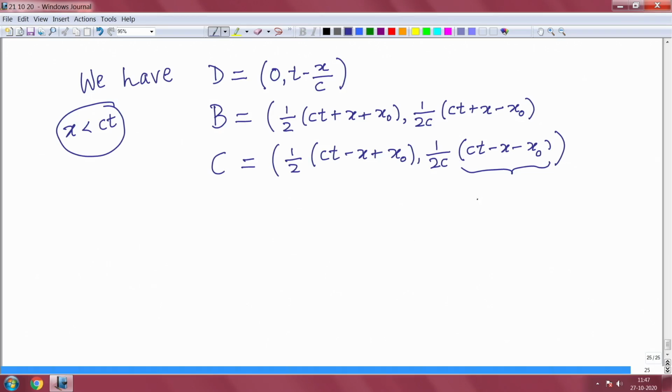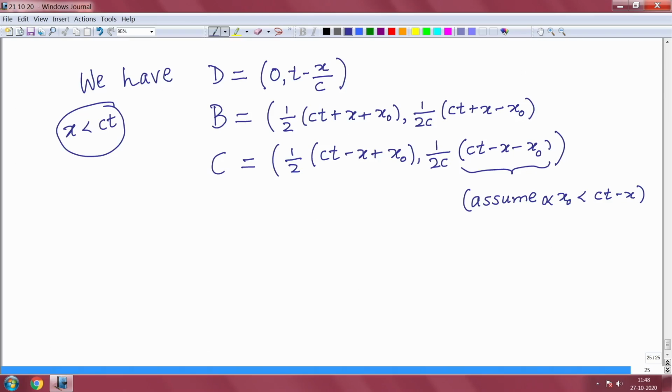So, x_0 is at our disposal, and we assume x_0 is less than ct minus x, and ct minus x is positive. So I can always find an x_0 satisfying that condition.